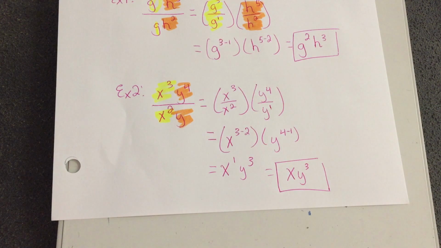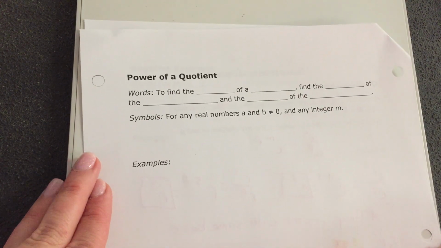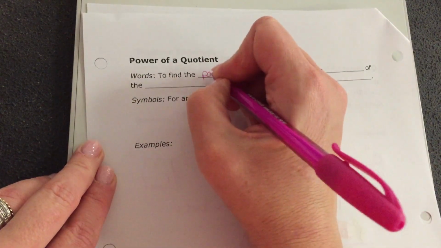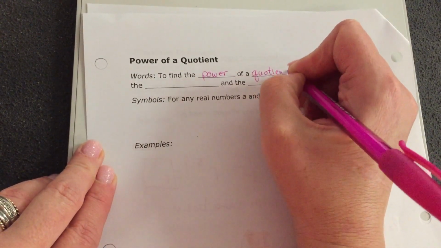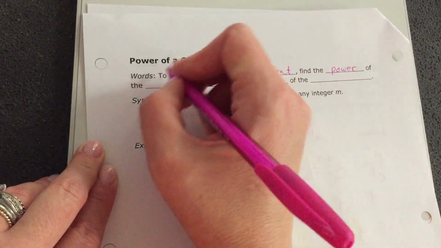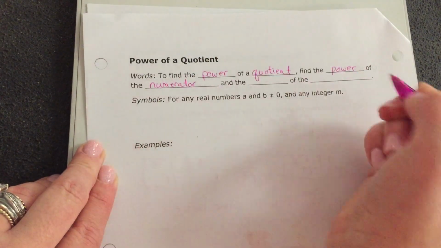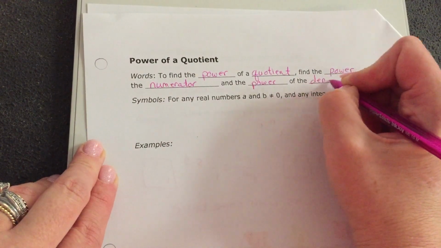So now let's talk about the power of a quotient. To find the power of a quotient, find the power of the numerator and the power of the denominator.